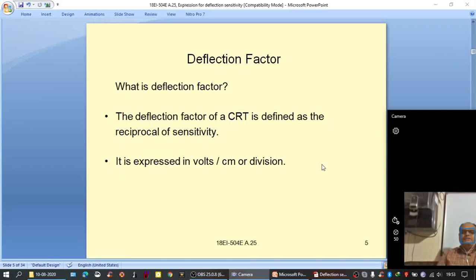So deflection factor is expressed in the units of volts per centimeter. That is, the amount of vertical input voltage required to cause a vertical deflection of 1 centimeter on CRO screen is called the deflection factor.